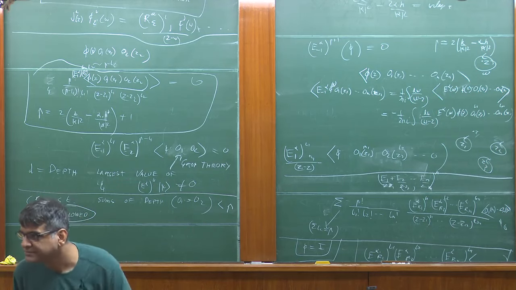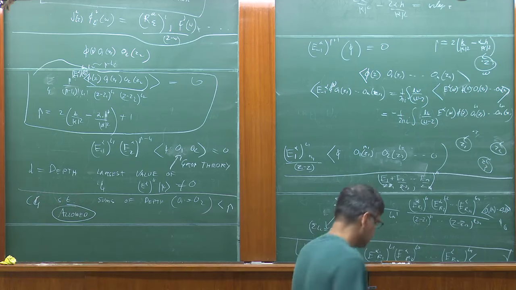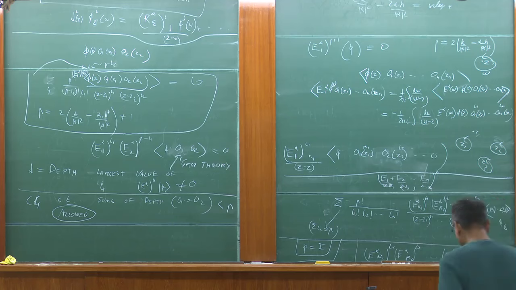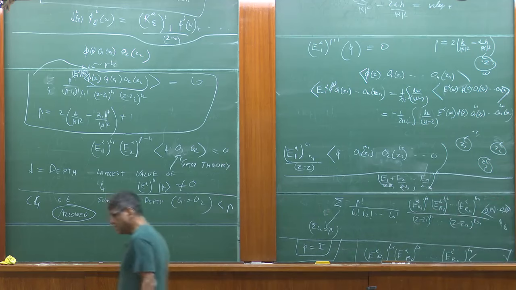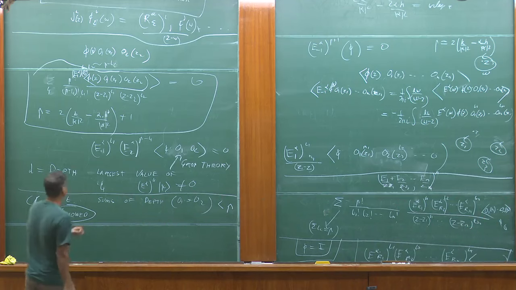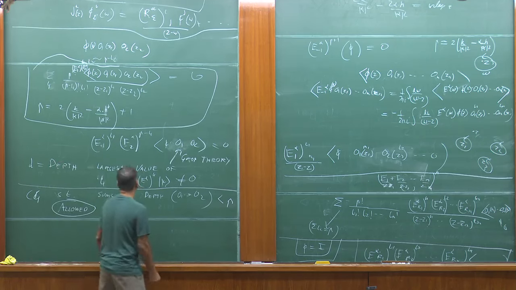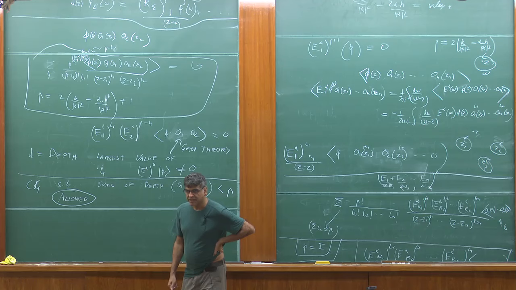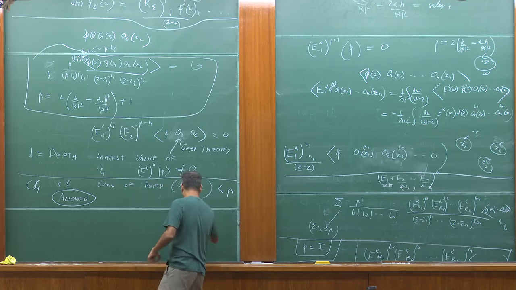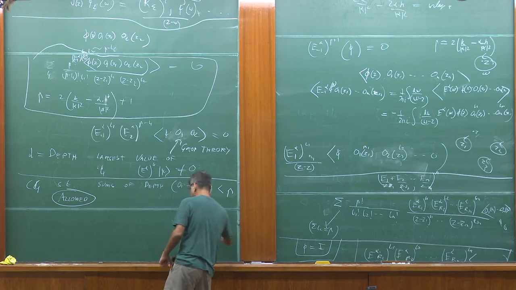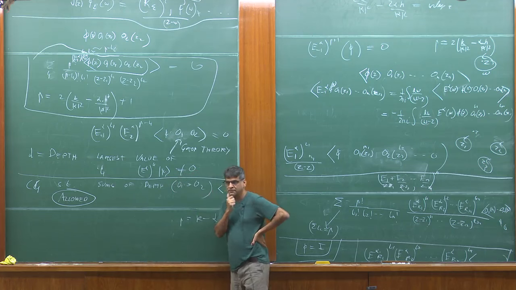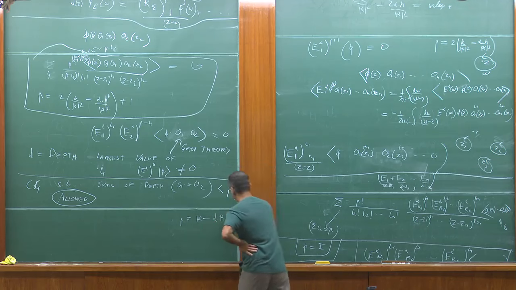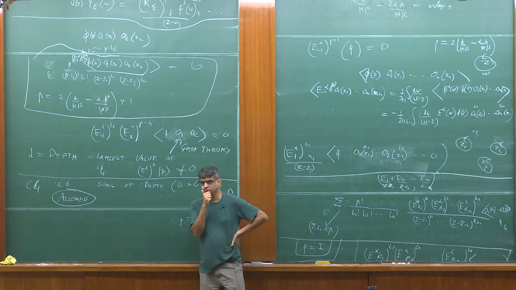Greater than was not possible anyway, because how could we make singlets? Why not? Because let's say the weight of the sum is n, and if the weight of phi is smaller than n, remember that P is K minus alpha dot J, alpha dot H. So this is the weight of phi, right?